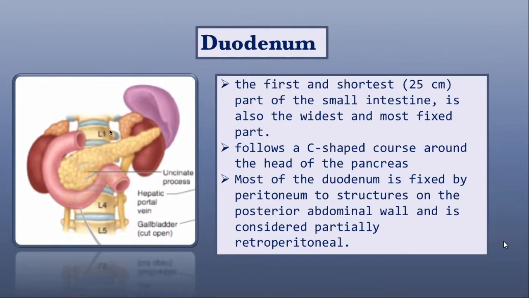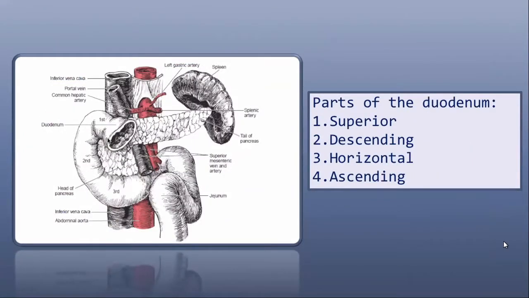Of course, you have the first part, also called the superior part, and then the descending part, then the transverse or horizontal part, and then of course it would ascend again. That's why it's called the ascending part. Okay, so four parts.